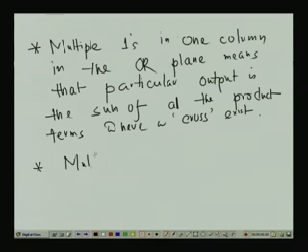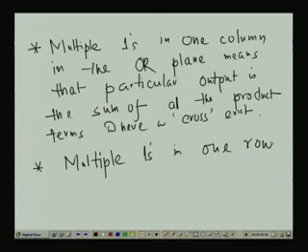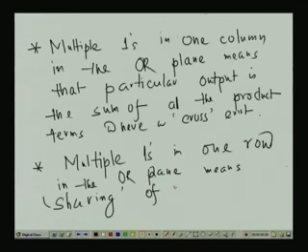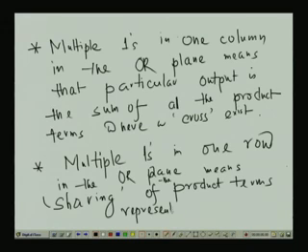But multiple ones in one row in the OR plane means the sharing of that product term represented by that row.